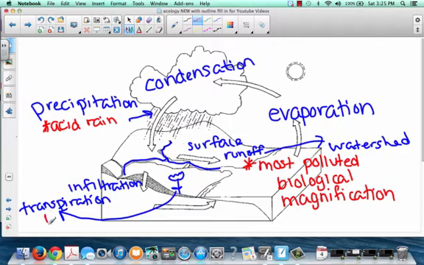And then also transpiration, when we talk about plants, we're going to talk about it as evaporation out of plants. Out of the leaves. And the reason why that's important to note is because we're actually going to specifically talk about structures that plants have to avoid transpiration from occurring to maintain homeostasis. We know that water is a reactant of photosynthesis. We do not want it to leave the plant.